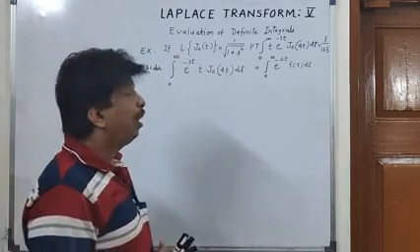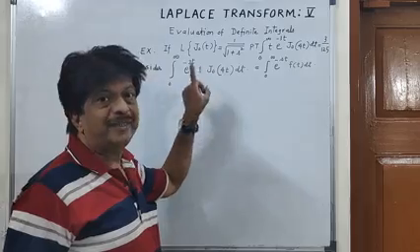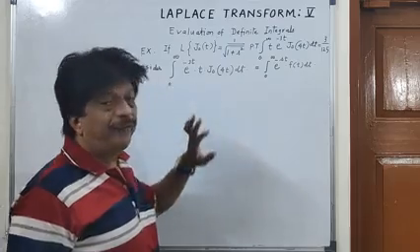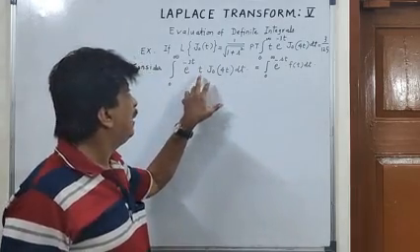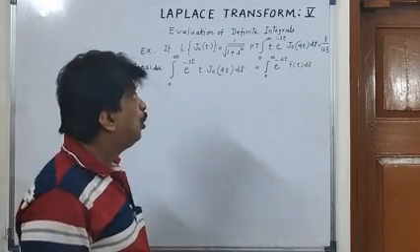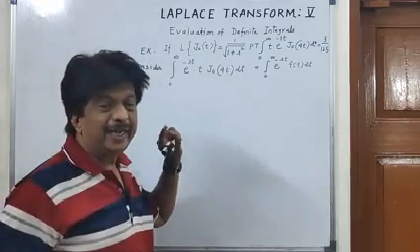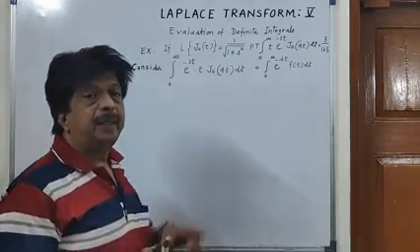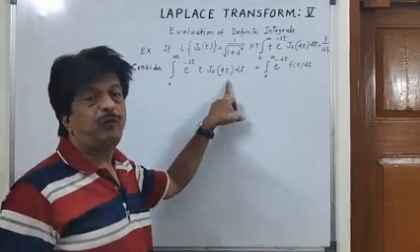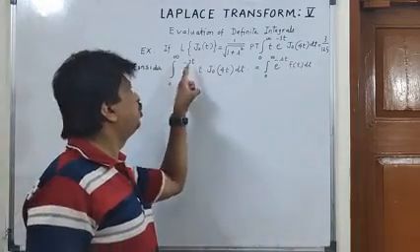So on comparing, we see over here that the value of s is 3. Moreover, the function f of t is t into J0 of 4t. So the value of this integral is nothing but the Laplace transform of t into J0 of 4t at s equal to 3.